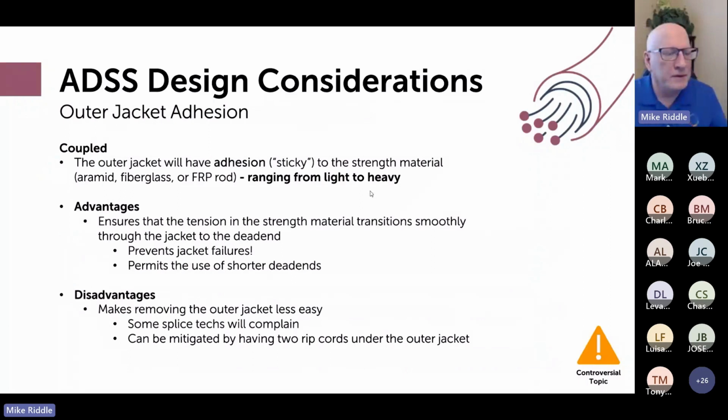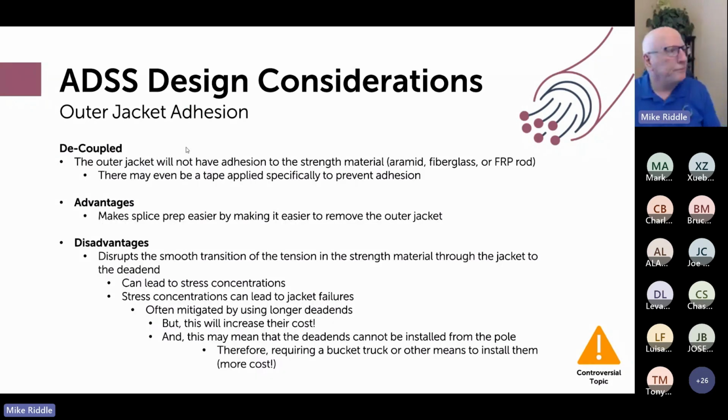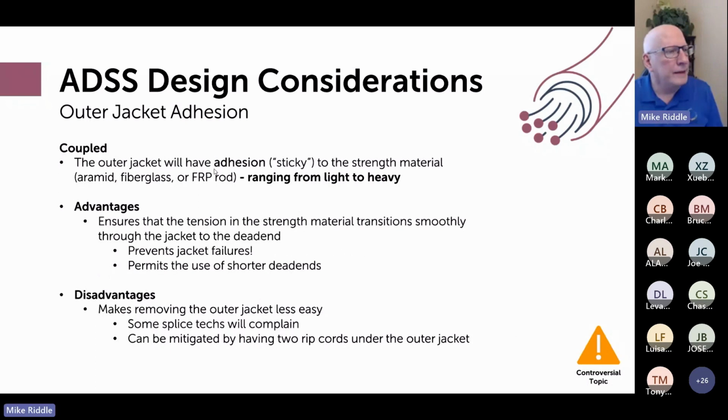So as far as our design considerations, outer jacket adhesion. In a coupled design versus a decoupled design, the outer jacket will have some adhesion, some stickiness, to the strength element below it. And that stickiness can range from light to heavy. It doesn't matter what strength material you've chosen, you're going to have adhesion.